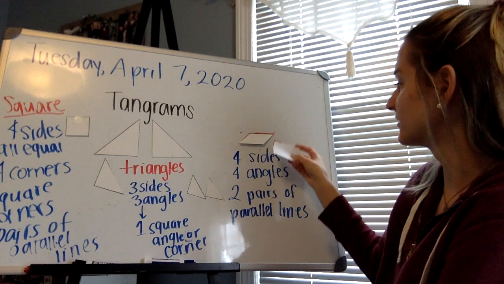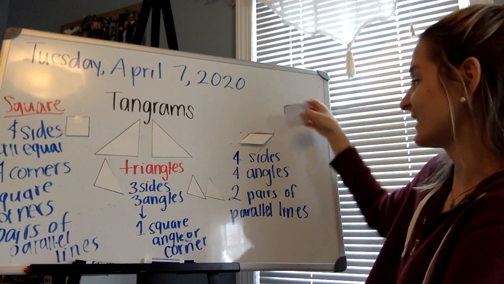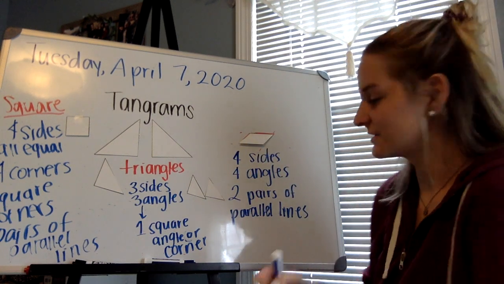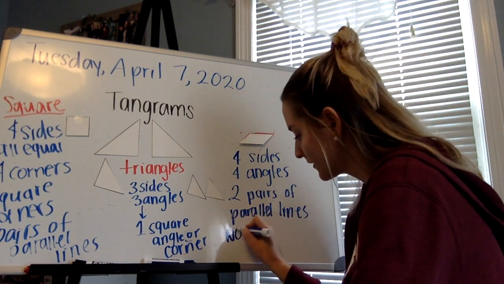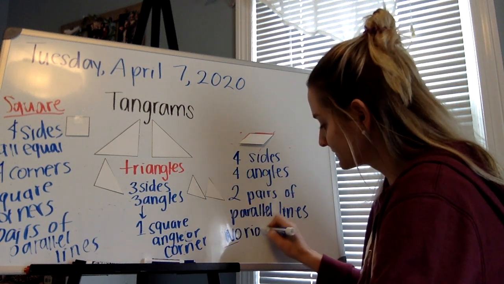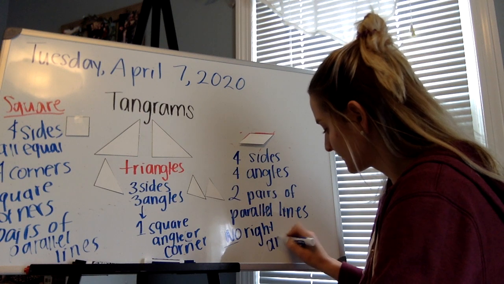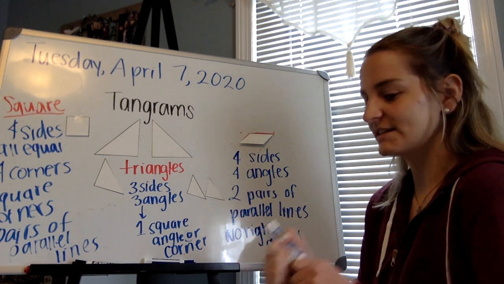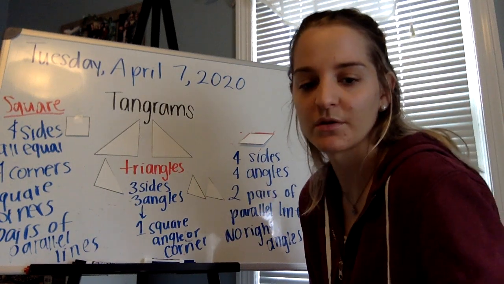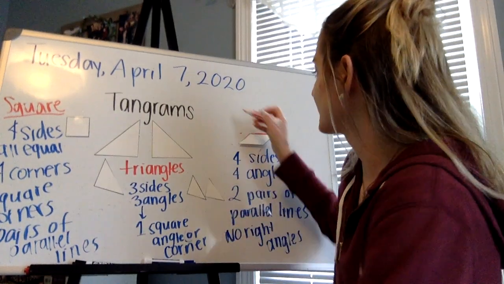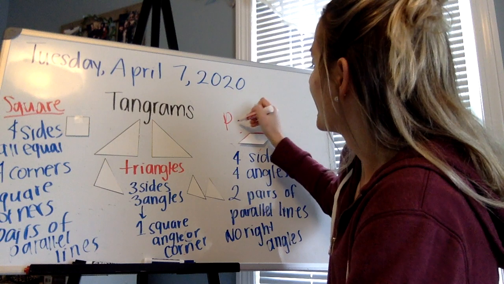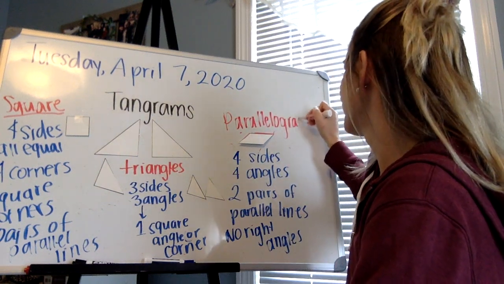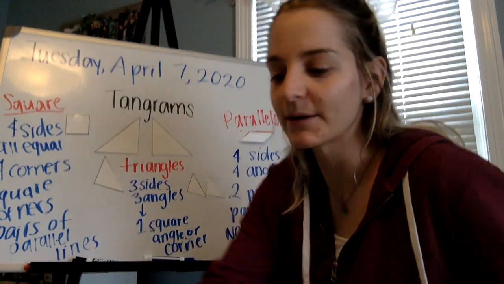That's not a right angle. That's not a right angle. And that's not a right angle. So it has no right angles. What's the name for this shape? If you're thinking to yourself, parallelogram, you are exactly right, okay?